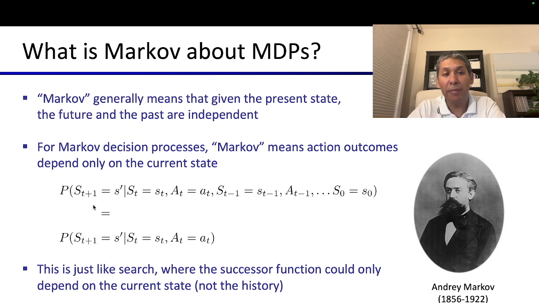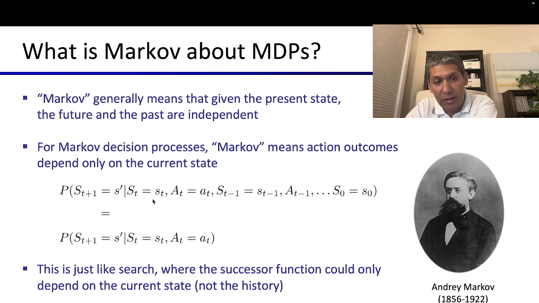When we write it mathematically, we write it as follows: the transition probability that in the next time slot we will be at state S prime, if in the current time slot we're at s_t and we do this action, and in the past we were in this particular state and we took that action, and in the past state we were in that state, is effectively the same as just knowing the current state and the current action.